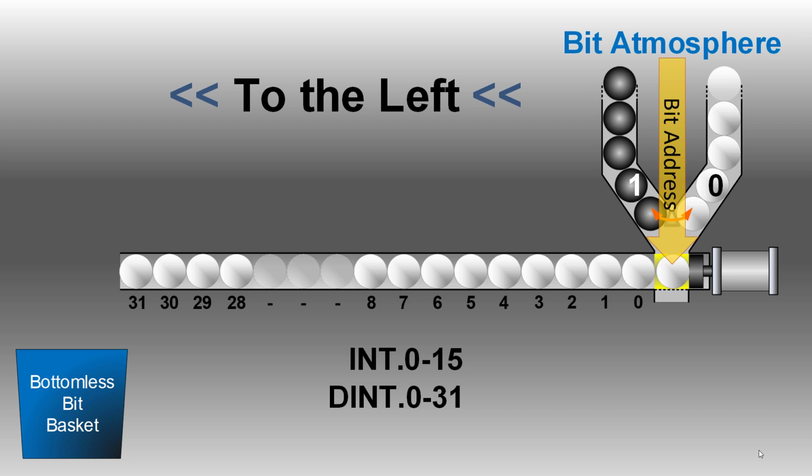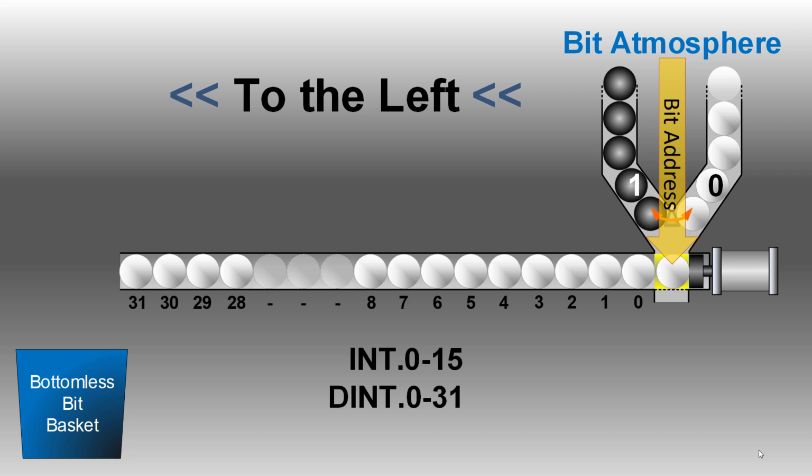Notice that the ping pong ball that's sitting in front of the actuator is not part of the shift register. It's not part of the source. That's the loading point. So whatever we have at the bit address is staged, ready to be pushed into position 0.